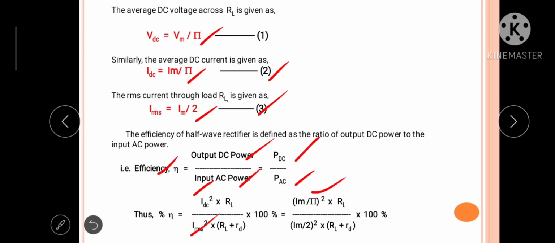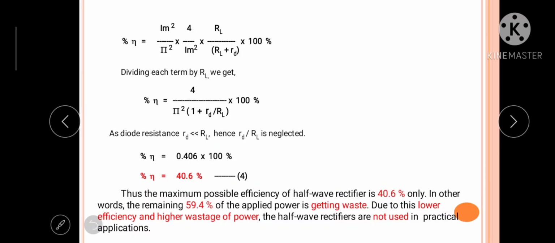So this term we write as Im by 2 whole square into RL plus RD. As efficiency is taken in percentage, it is multiplied by 100%. The same equation can be simplified and written as Im square upon pi square into 4 upon Im square into RL upon RL plus RD into 100%.